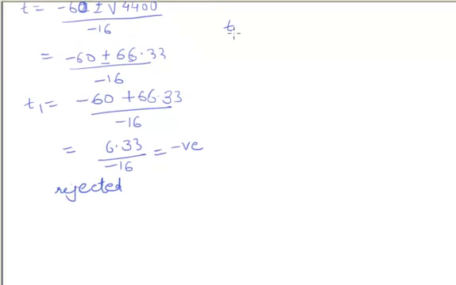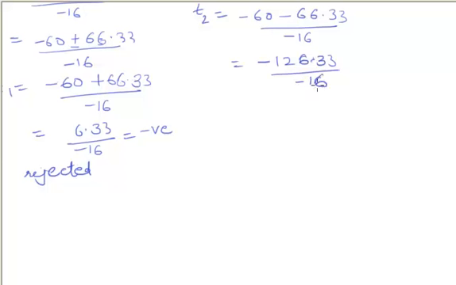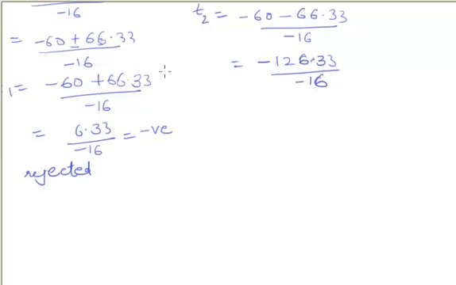The next value, t2, is minus 60 minus 66.33 over 2a, which is minus 16, so minus 126.33 over minus 16. 126.33 divided by 16 is equal to 7.89 seconds.